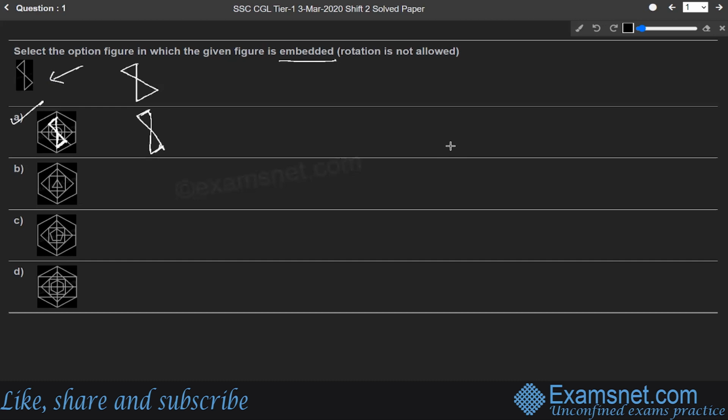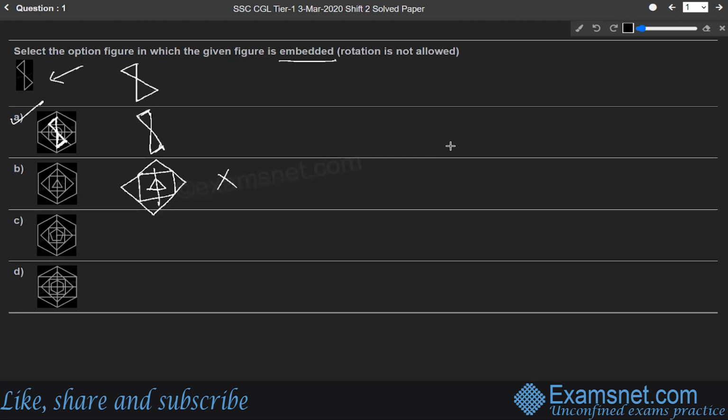In option B, a straight line is present, then a triangle is present, then a square is present, then a diamond shape is present. Okay. So in this way, a diamond shape is present, but there is no sign of the figure that is given in the question. So this option is not correct.